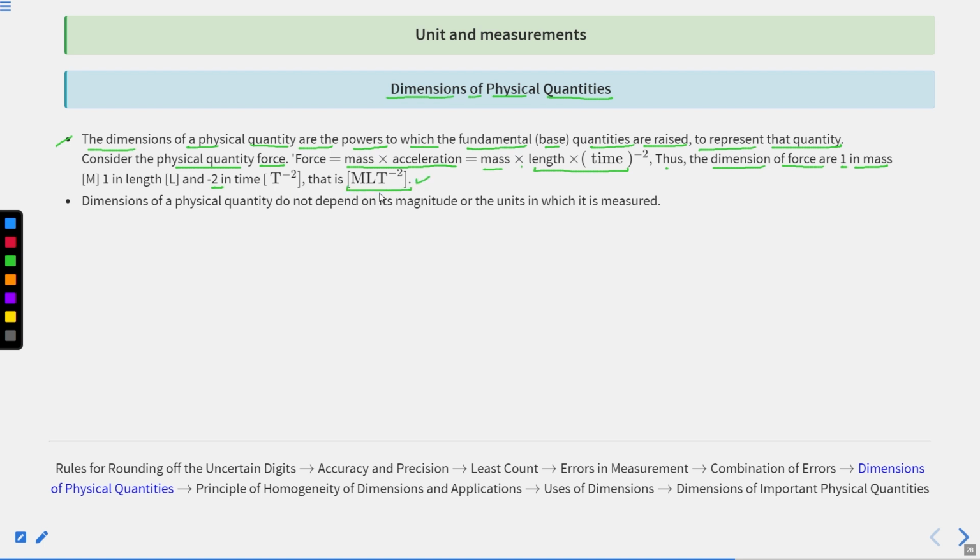This is the dimension of the force. Dimensions of a physical quantity do not depend on its magnitude or units in which it is measured. Clear? So this is the dimension of physical quantities.